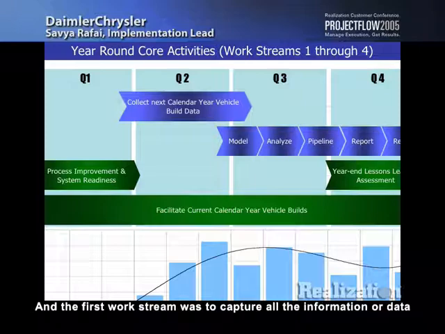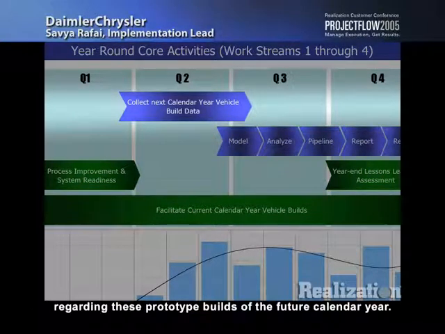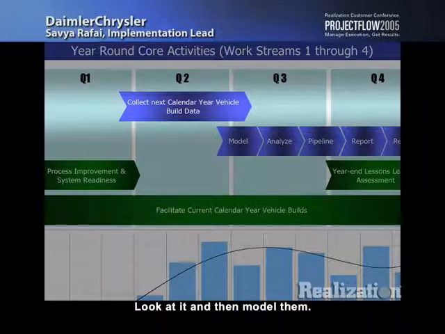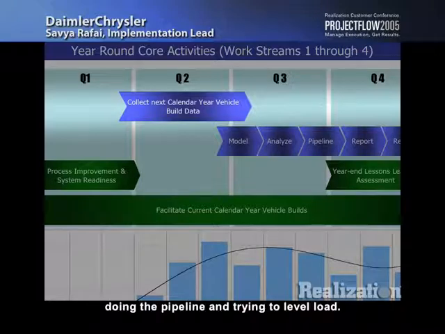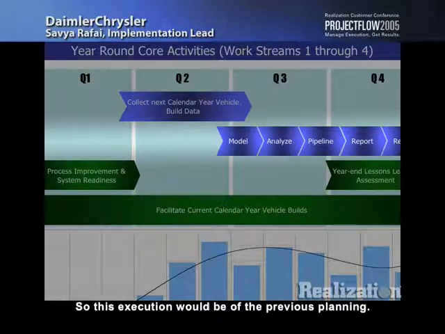The first work stream was to capture all the information or data regarding these prototype builds of the future calendar year, look at it, and then model them. That means generating critical chain models, doing the pipeline, and trying to level load. And then execute those plans throughout the calendar year.